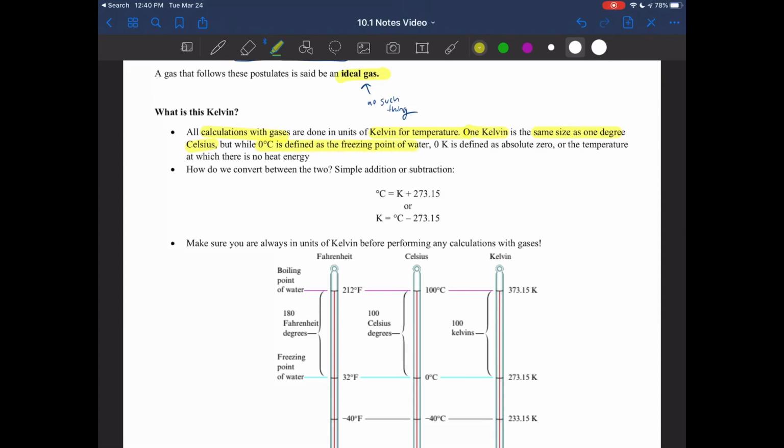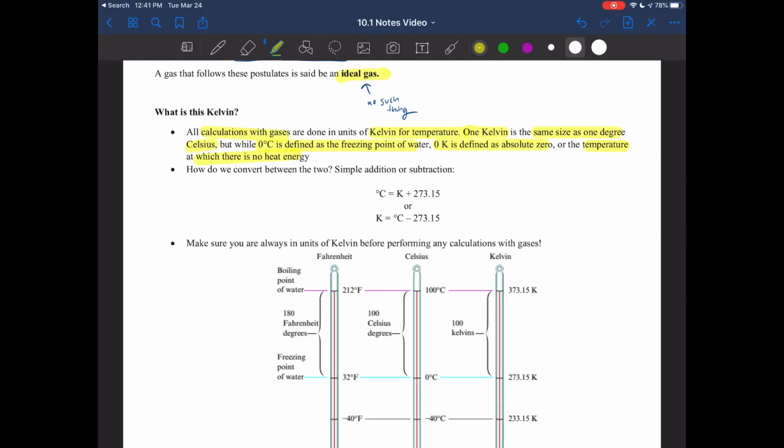0 degrees Celsius is the freezing point of water. But Kelvin starts at 0, and we call that absolute zero. Absolute zero is the temperature at which there's no heat energy. No heat energy basically means no particles are moving at all.